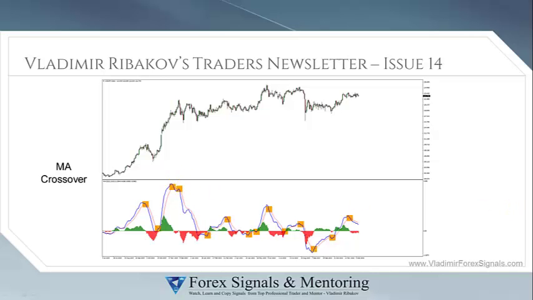By the way, note that every time the moving averages cross, like here, that's exactly the point where the histogram, which shows the distance between the two moving averages, is at zero. The bigger the histogram, the bigger the moving average distance, like here and here.